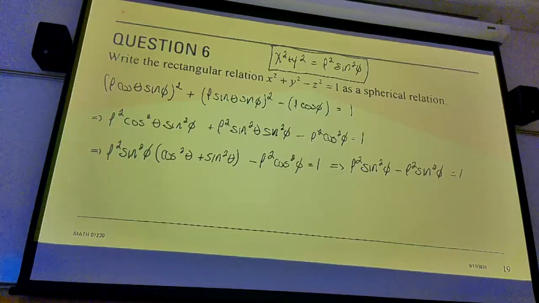Why did I write sine there? And no one called it.